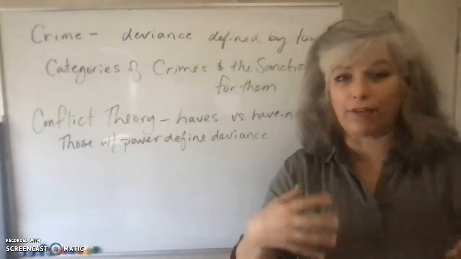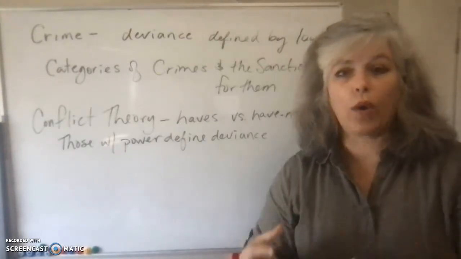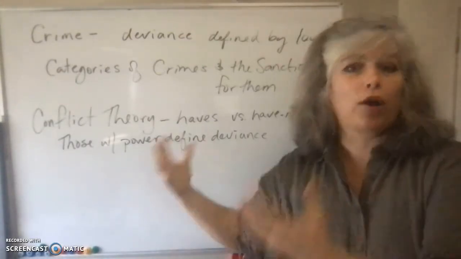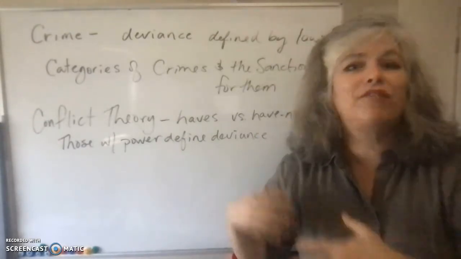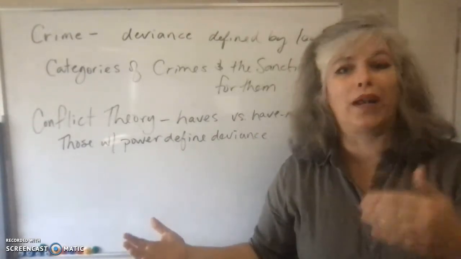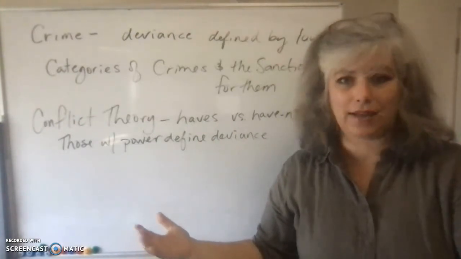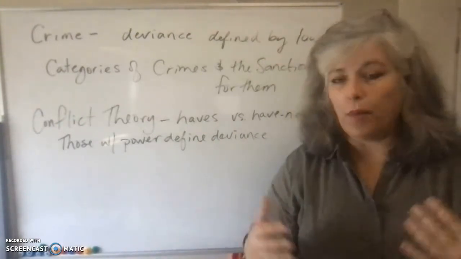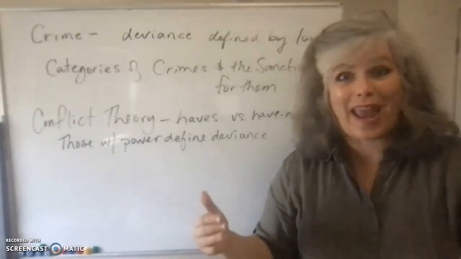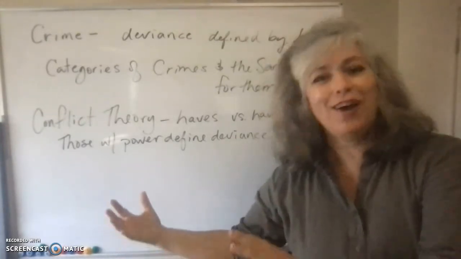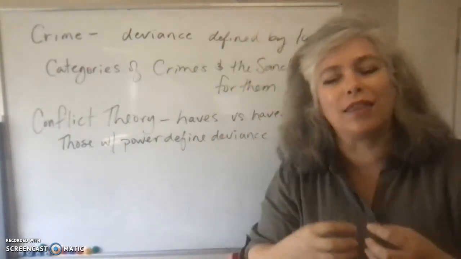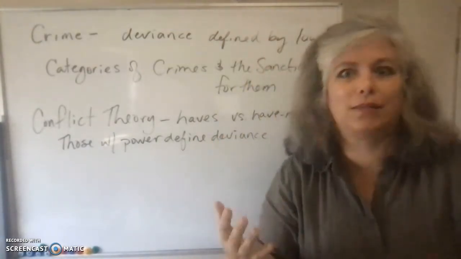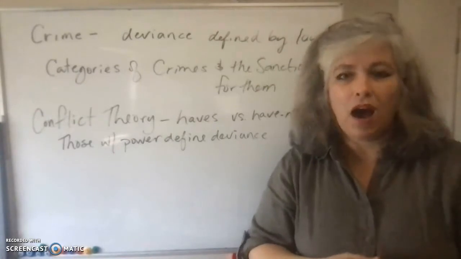For instance, if you are growing your own marijuana for your own personal use, that is a victimless crime because marijuana is illegal in that context in Arkansas. So in some places, you can't even grow your own tomatoes for yourself because it is seen as depriving the state of the tax money that could go for that.